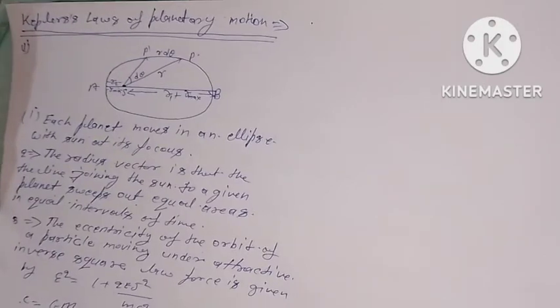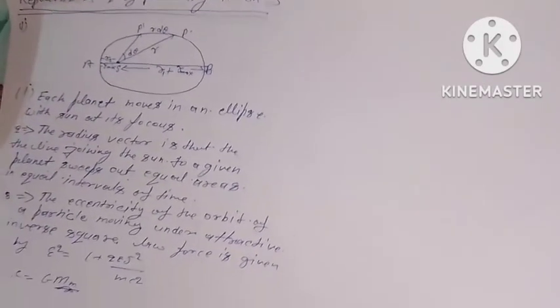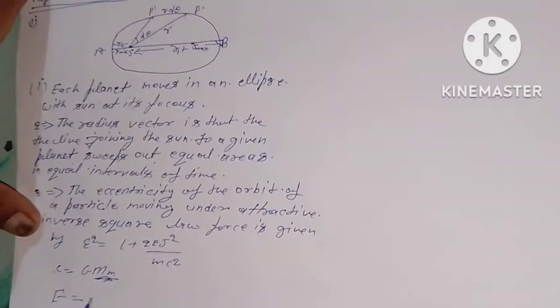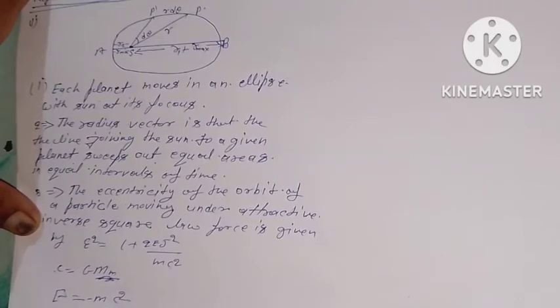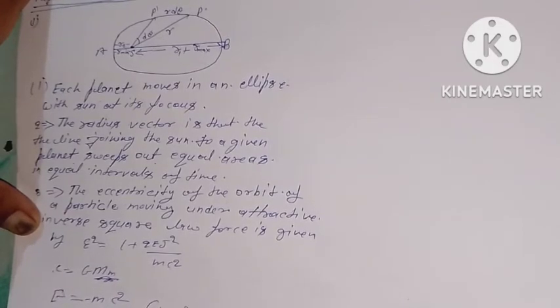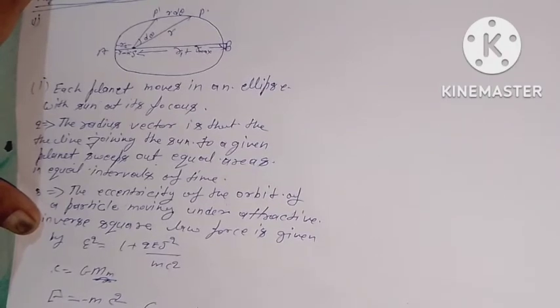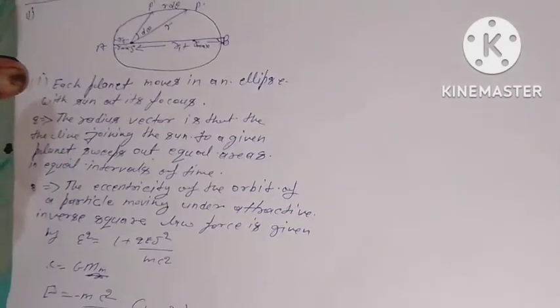So capital E equal to minus m c square upon 2 J square, bracket 1 minus epsilon square, bracket close. This is equation number 1.